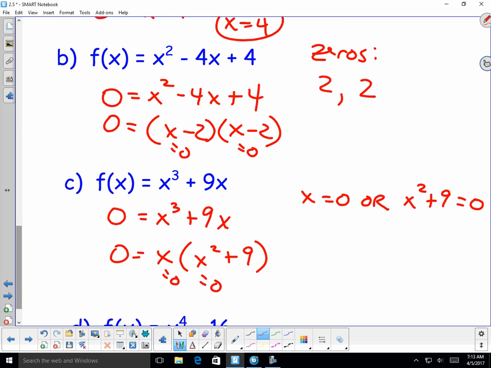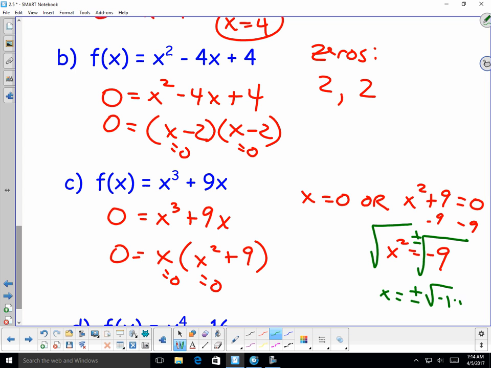In this case, I can subtract 9 from both sides, and I get x squared equaling negative 9. And then I can take the square root of both sides here. Don't forget the plus or minus. And I get x equaling plus or minus square root of negative 9, which we can split up into square root of negative 1 times square root of positive 9.